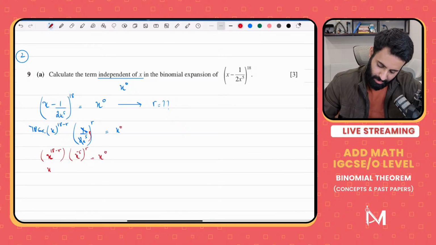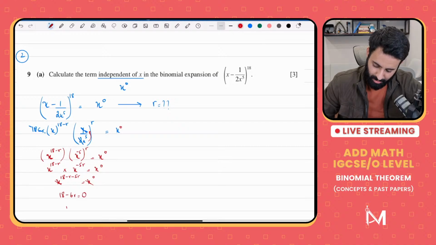So this becomes x to the power 18 minus r into x raised to the power minus 5r equals x power 0. So x raised to the power 18 minus r minus 5r equals x power 0. So that means 18 minus 6r equals 0, which means r is equal to 3.